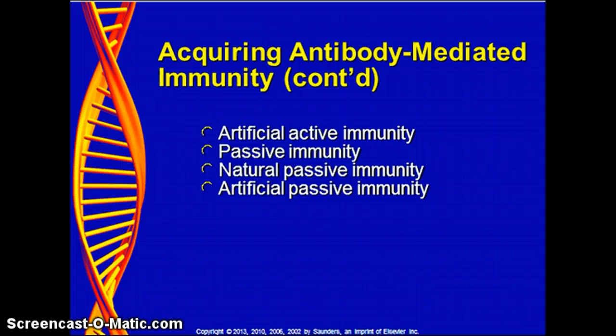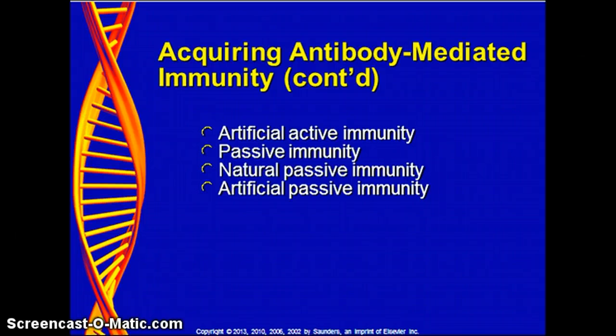The last type is artificial passive immunity. And with artificial passive immunity, that's when the person is injected with antibodies. And then those antibodies provide a very rapid, very short-lived immune response.